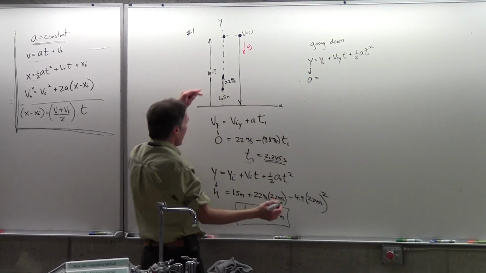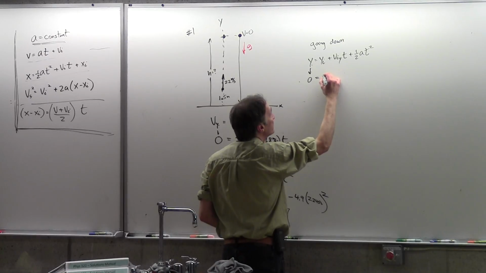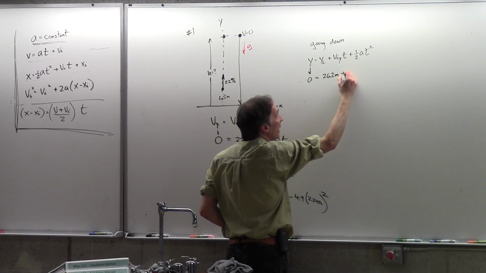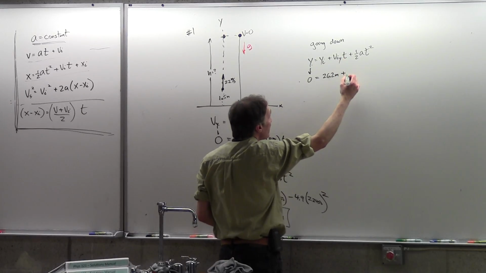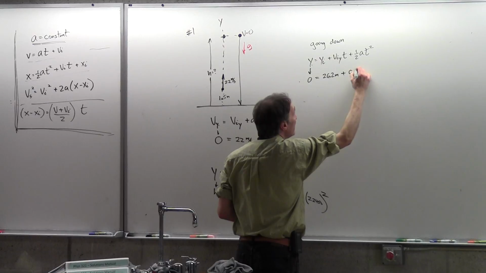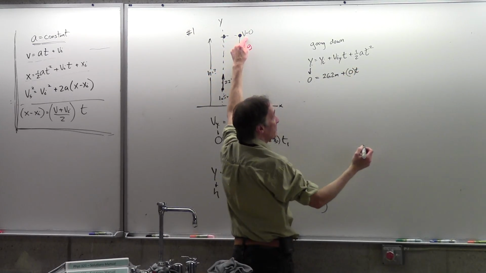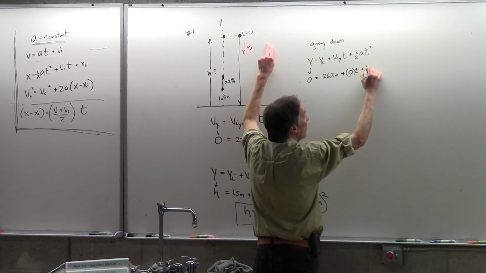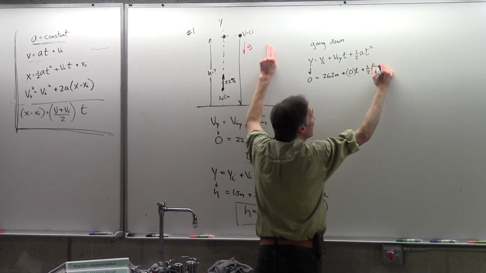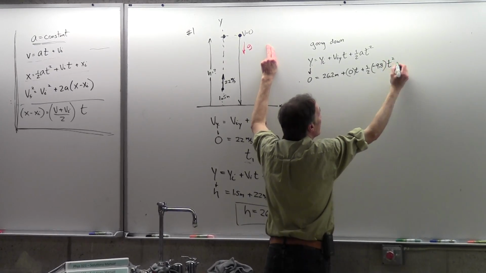It starts at this original height, 26.2 meters, and that's up, positive, plus the initial velocity in the y, but that is 0 in this case. The velocity is 0 up at the top, because I'm starting over, plus 1/2 the acceleration, that's going to be a negative 9.8 times time squared.